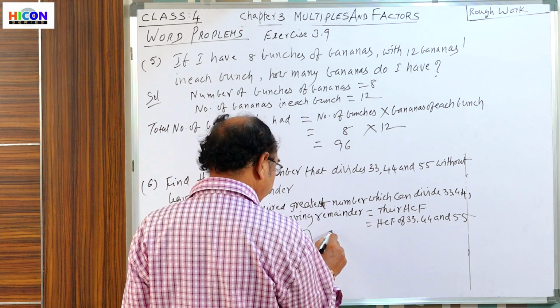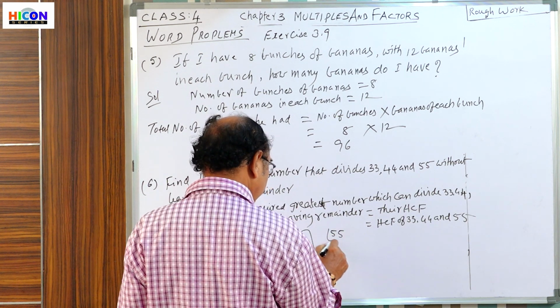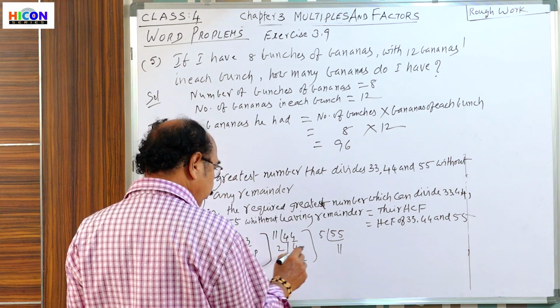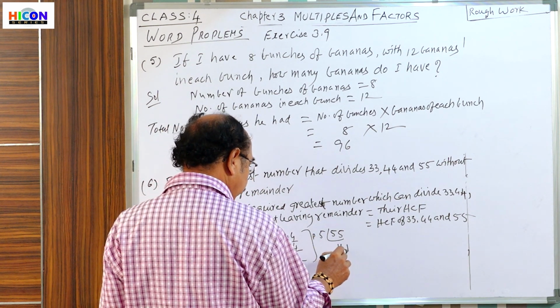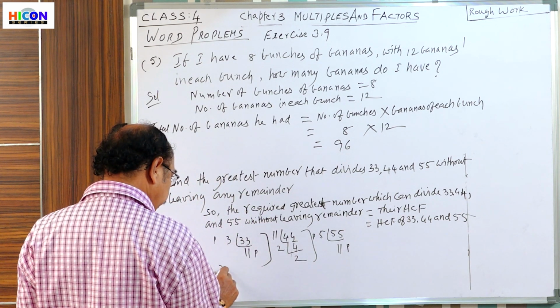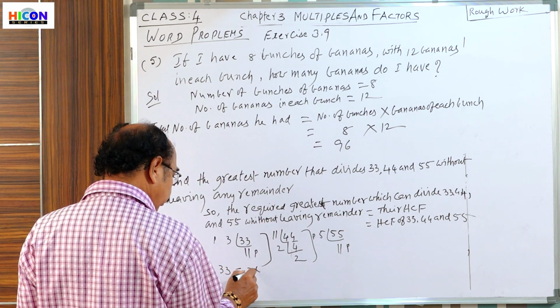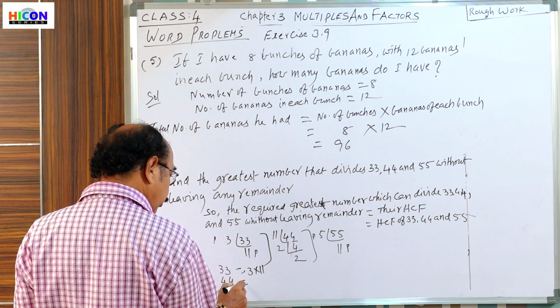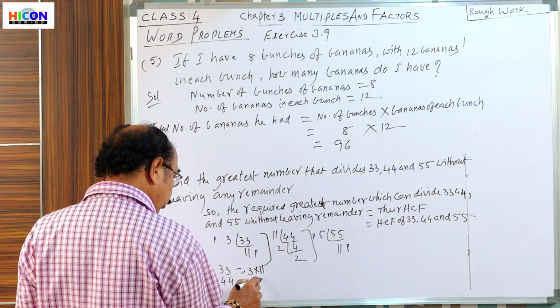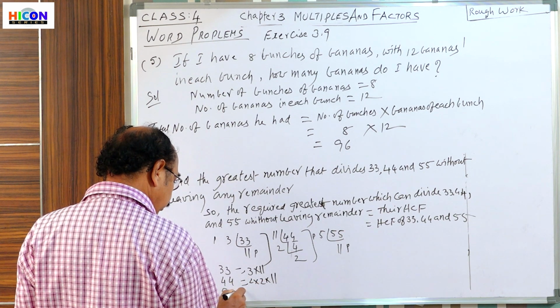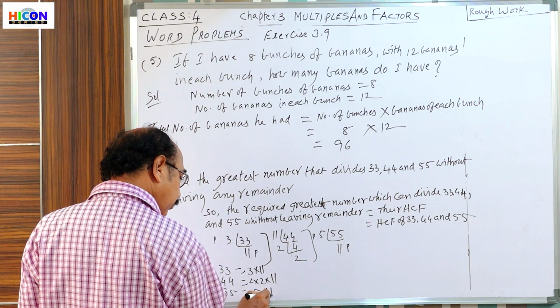Okay, here 55 you take. 5 11s are 55. Here 5 is prime, 11 is prime. So 33 is equal to 3 into 11. 44 is equal to 2 into 2 into 11. And 55 is equal to 5 into 11.